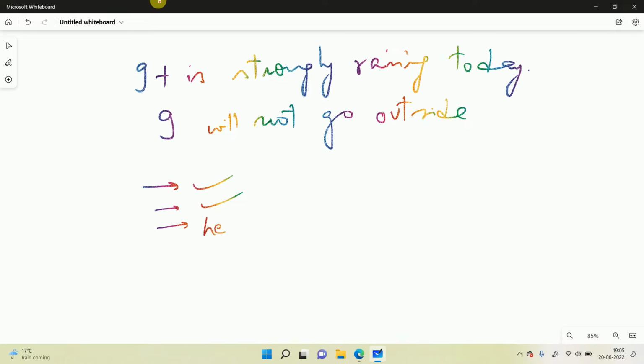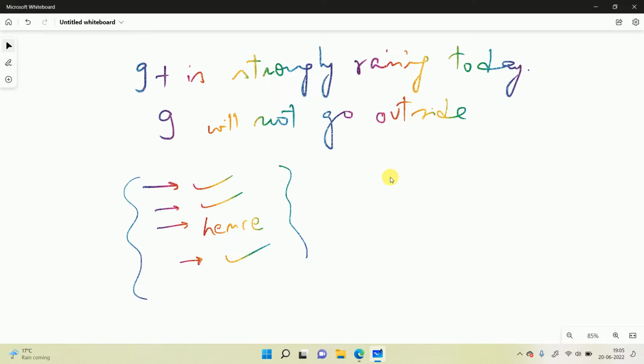Maybe somebody can give a try with hence also: it is strongly raining today, hence I will not go outside. Or also with because. So the last option could be: because it is strongly raining today, I will not go outside, right? So you see, for the same thing, we have multiple options in English as well.